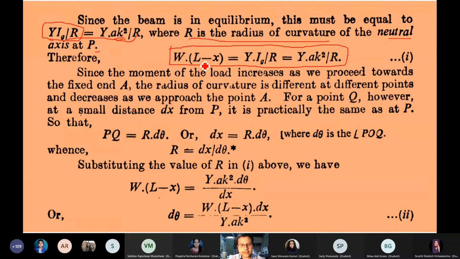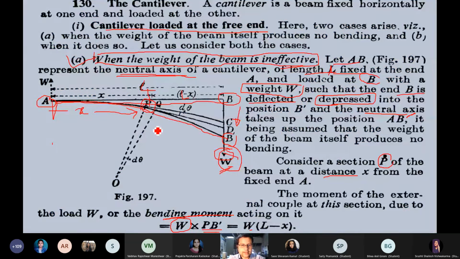So in equation 2, W into L minus x, which is the bending moment magnitude, is equivalent to YIg divided by R. Now, since the load increases as we proceed towards the fixed end A, the radius of curvature is different at different points and decreases as we approach point A. As you see in the figure, if we approach the fixed point A, the radius of curvature keeps decreasing.